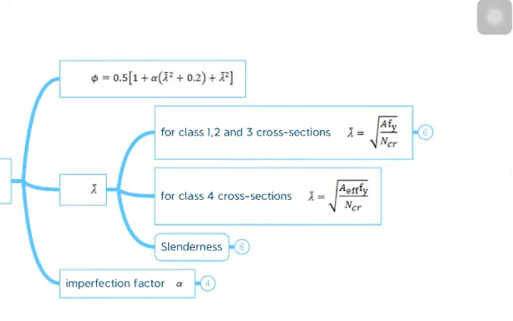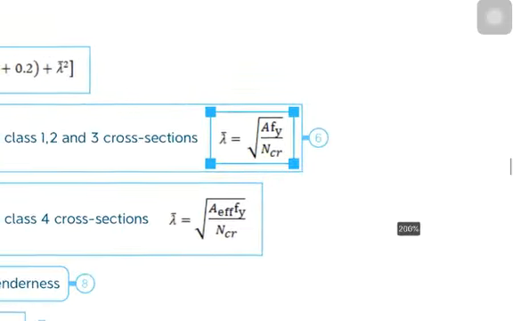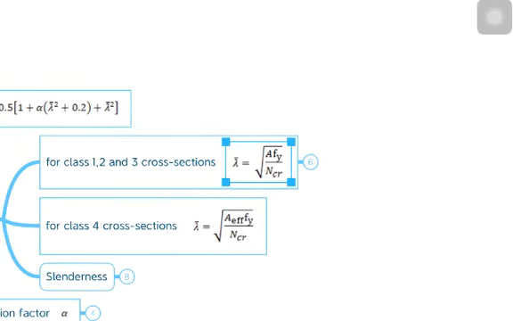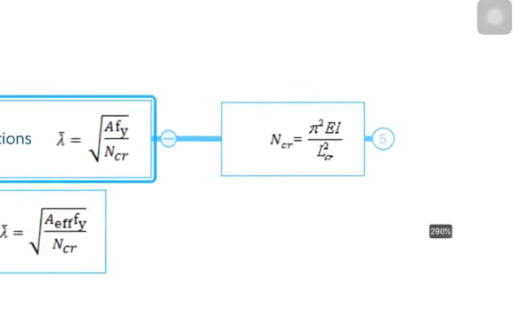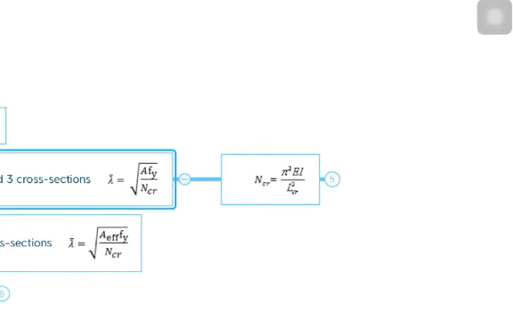If it is class 1, 2 or 3, then lambda bar equals the square root of AFY divided by NCR, where NCR comes from pi squared EI over LCR squared.